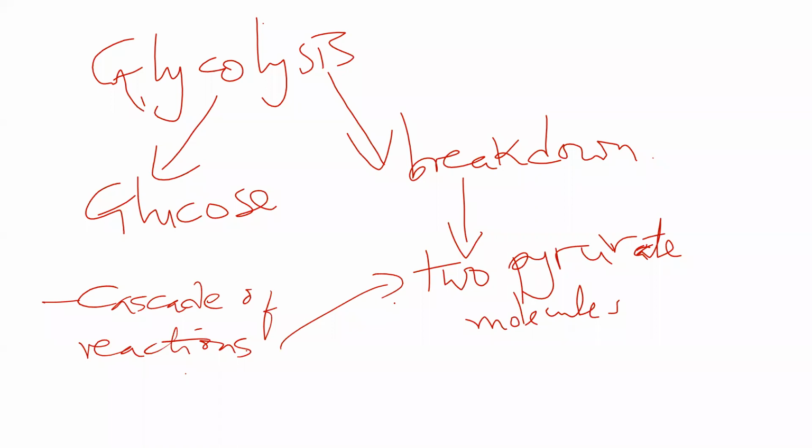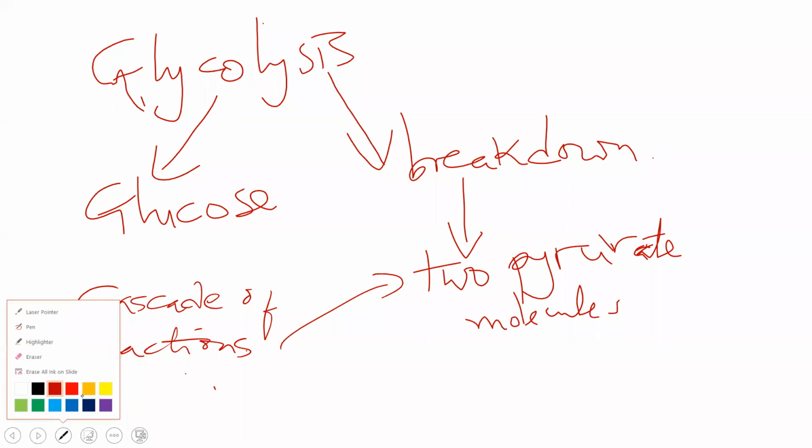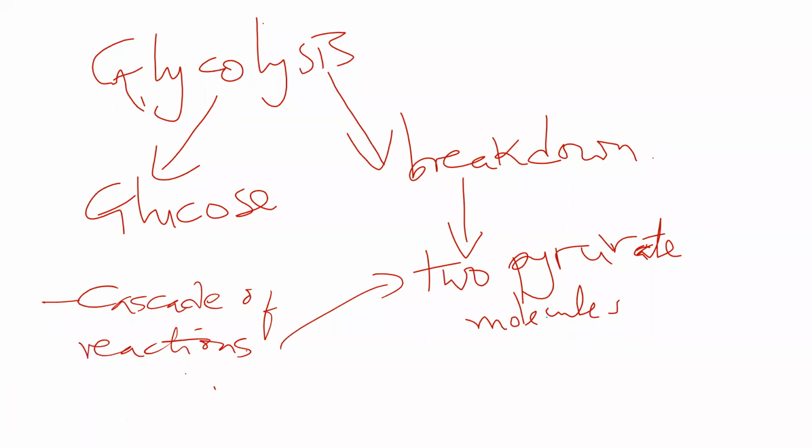It's very important for us to understand what the aim of breaking down this glucose is. We are breaking down this glucose in order to produce ATP, and we know that ATP is basically the fuel in cells.